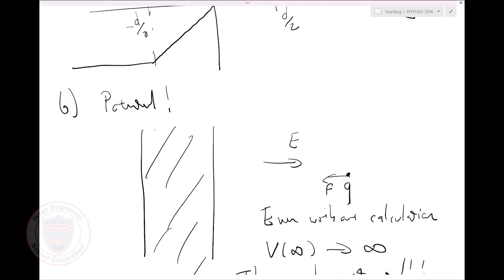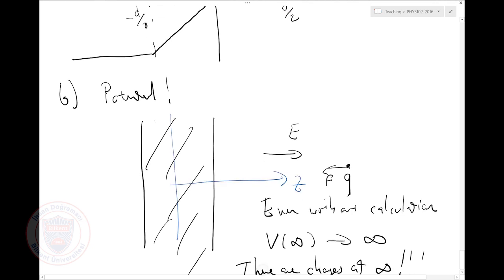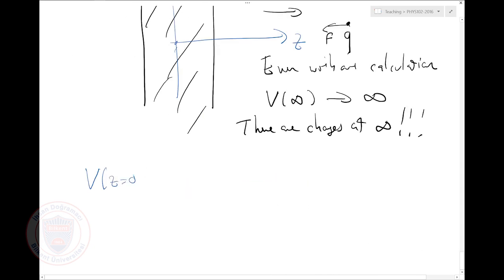You remember my coordinate system? Here's my coordinate system as a function of z. I'll choose V of z equals 0 as 0. I can always choose the potential of one point. Okay? And now I'm choosing that to be the most symmetric point.